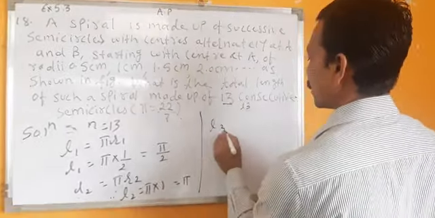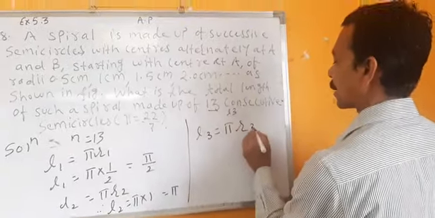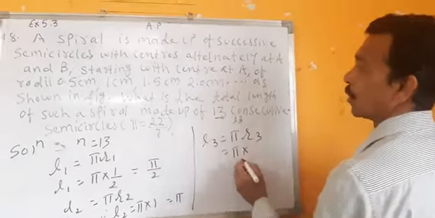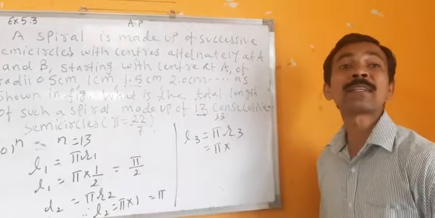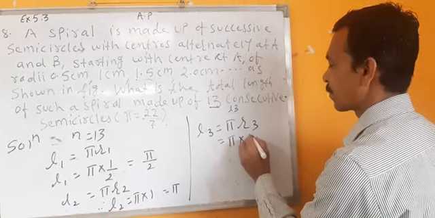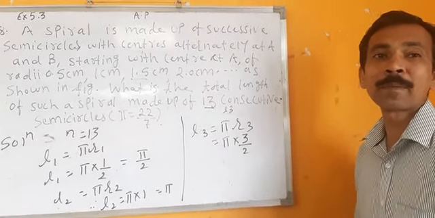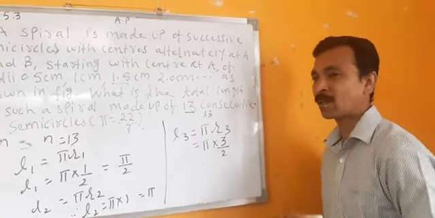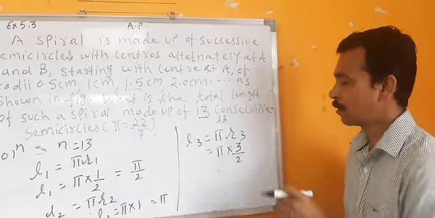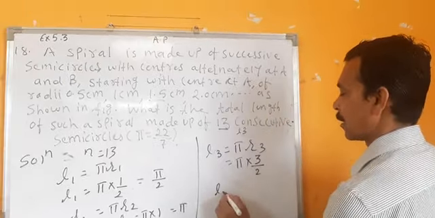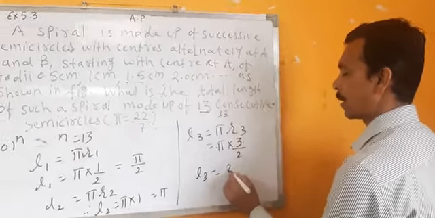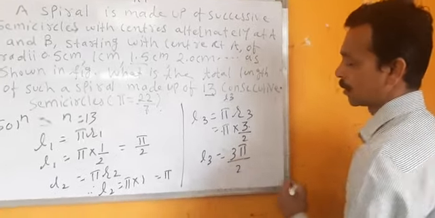L3 is equal to pi r3, which is pi into, what is the third radius? 1.5 centimeter. 1.5 means 3 by 2. If we divide 3 by 2, we get 1.5. So L3 is equal to 3 pi upon 2.